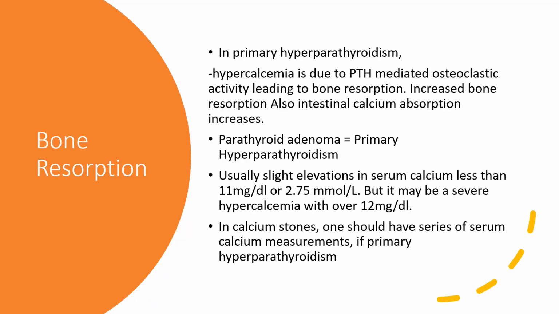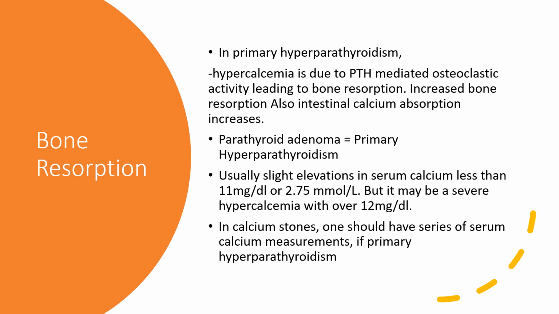Still on causes, bone resorption, particularly in primary hyperparathyroidism. Here, hypercalcemia is due to parathyroid hormone-mediated osteoclastic activity, and that will lead to bone resorption.